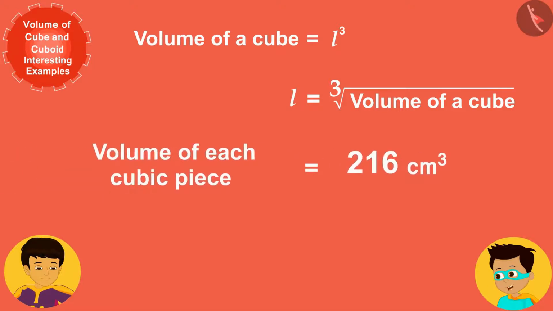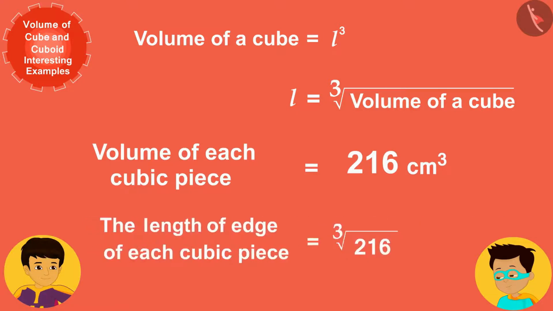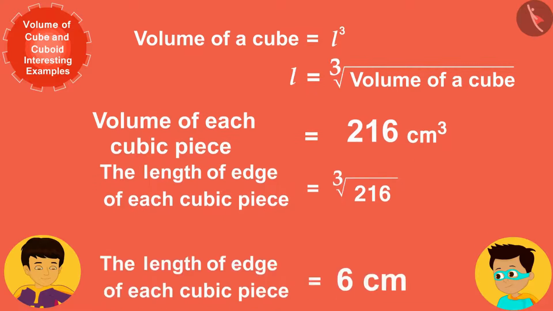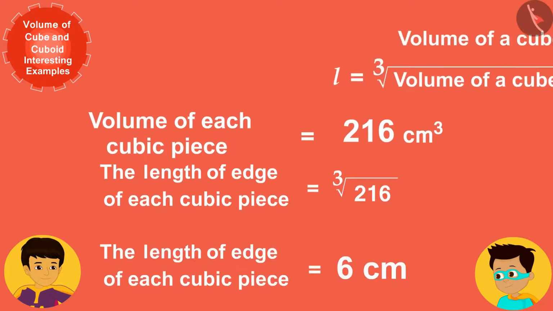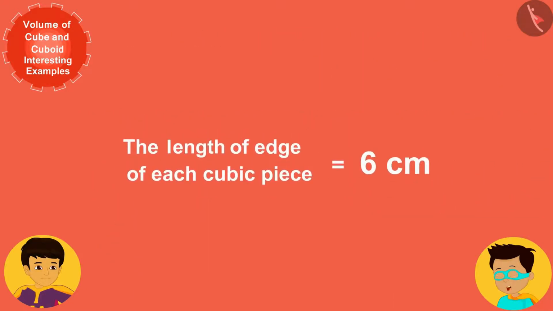Here, the volume of each cubic piece is 216 centimeter cube. If we write this here instead of the volume of the cube, in this way, we can easily find the length of the edge of each piece. See? The length of the edge of each cubic piece is 6 centimeters.